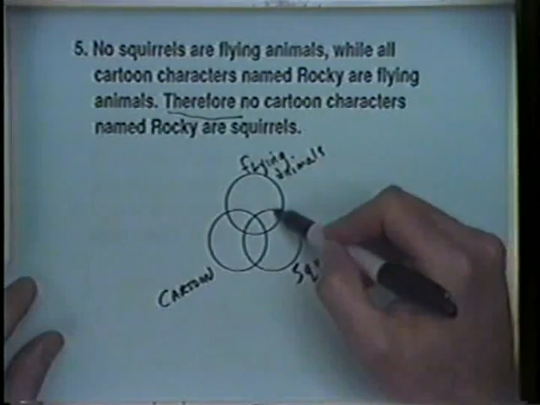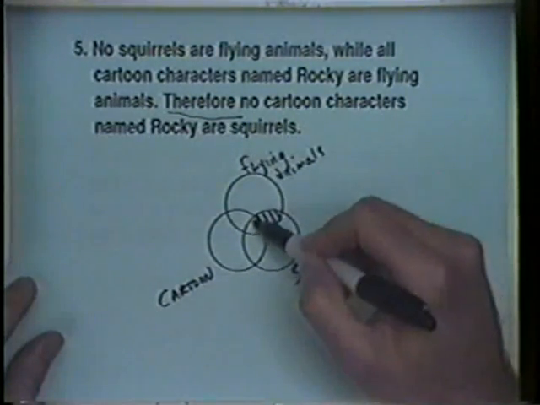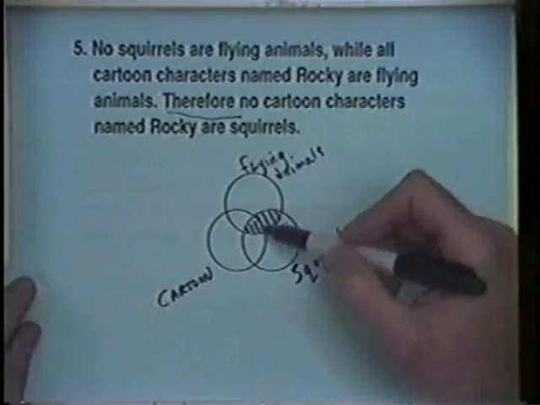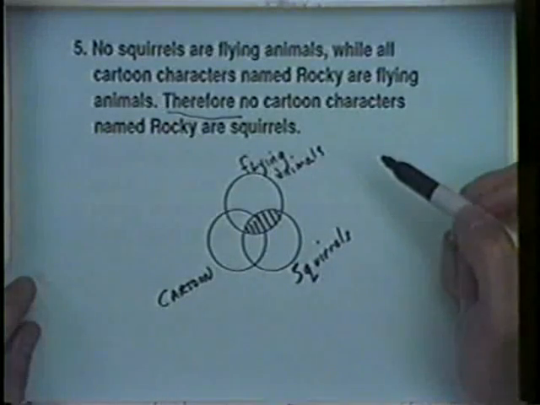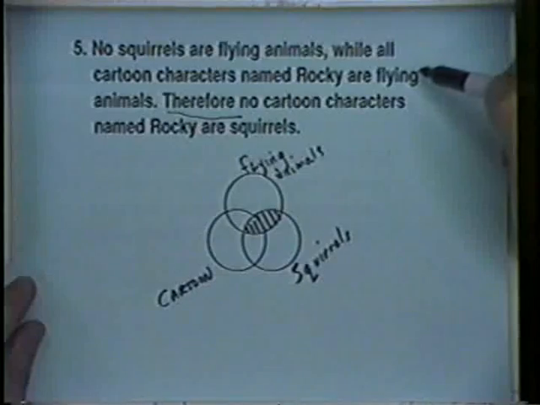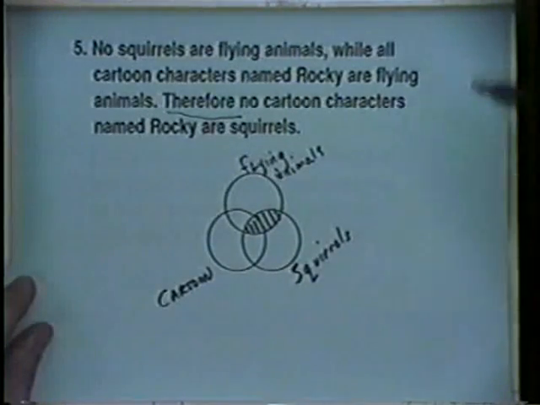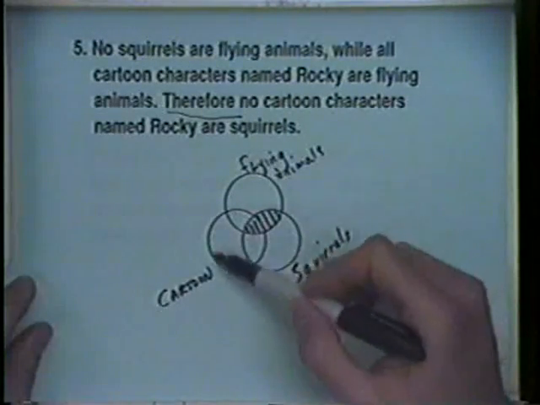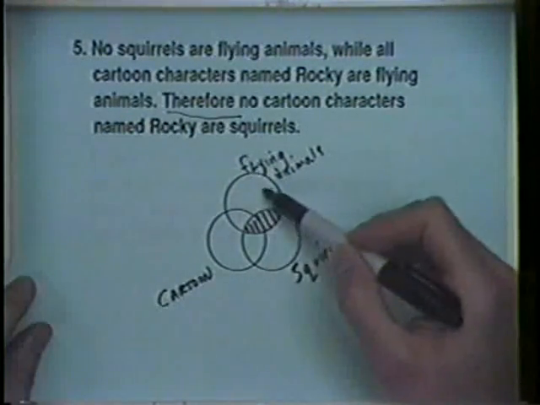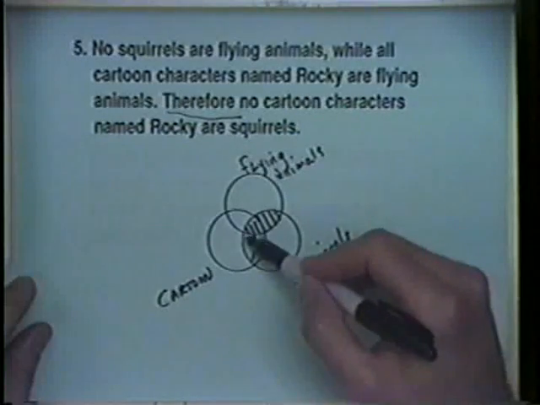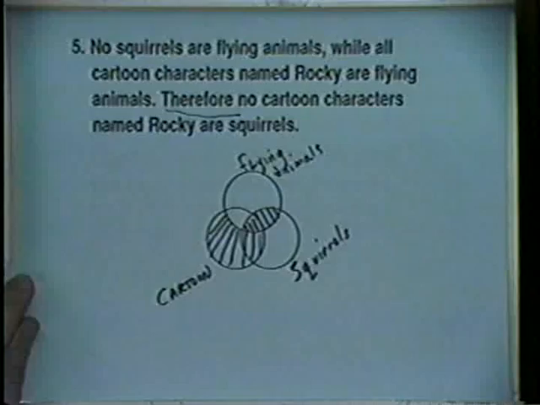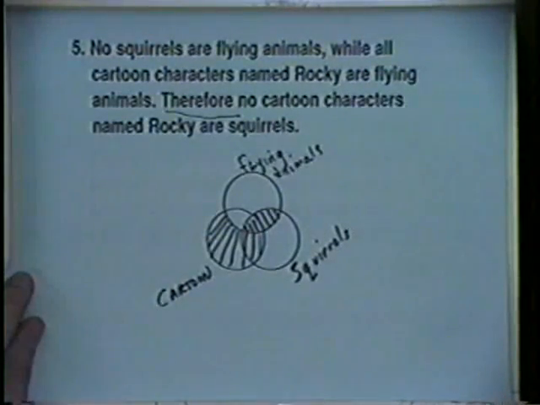That means you need to eliminate this intersecting football, indicating that nothing exists there. Now the positive premise, all cartoon characters named Rocky are flying animals. Anything that's a cartoon character named Rocky has to be up here in the flying animals circle. That means you need to eliminate all the lower area of cartoon characters named Rocky. And there is our diagram for the two premises.